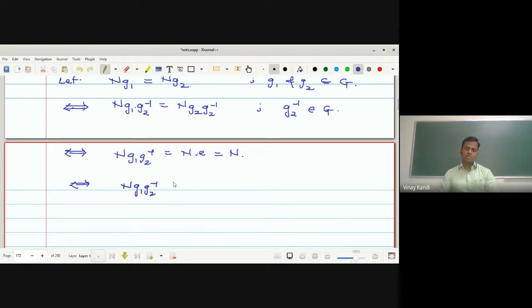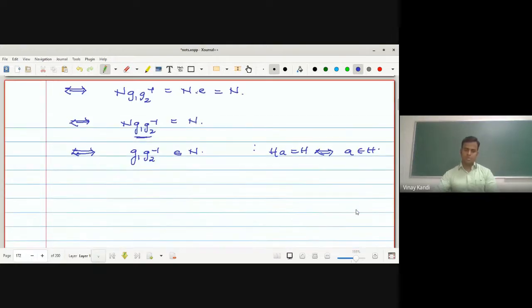So this implies and implied this element G1 G2 inverse belongs to what? N. Okay, what is the reason? H into A is equal to H. This implies and implied A belongs to H.